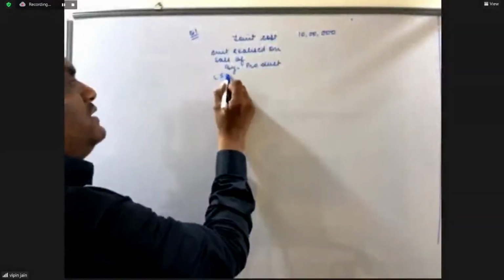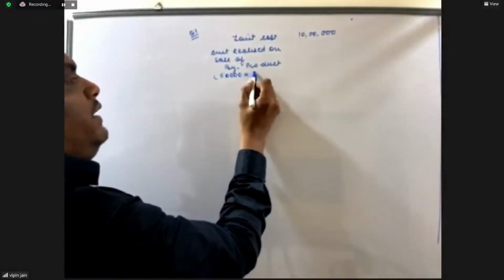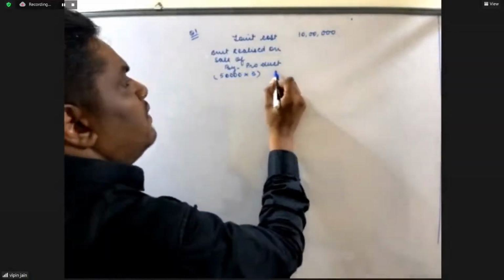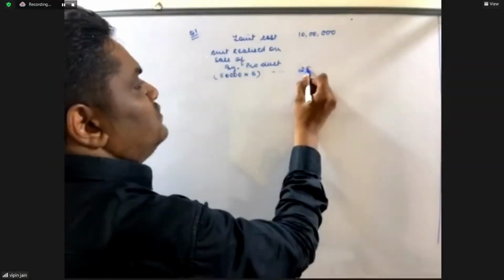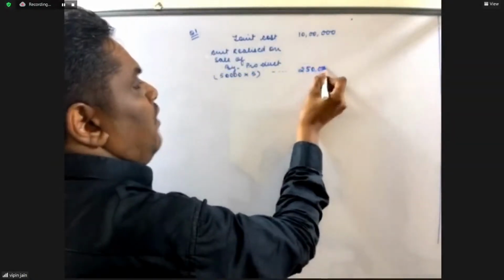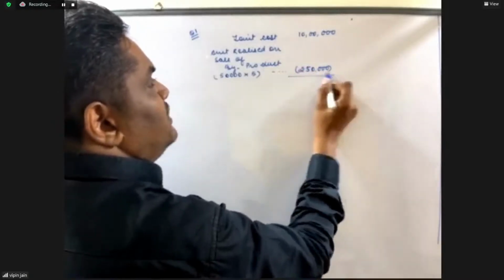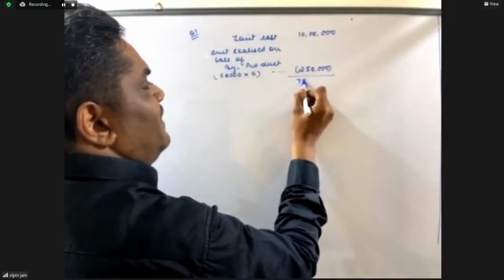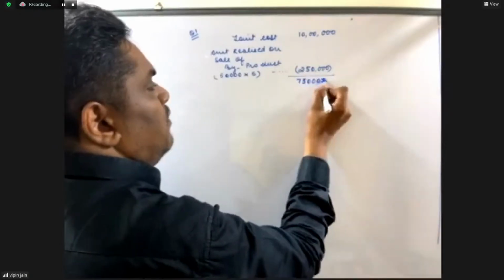So 50,000 into 5, that is 2,50,000. So the joint cost will be how much? 7,50,000.